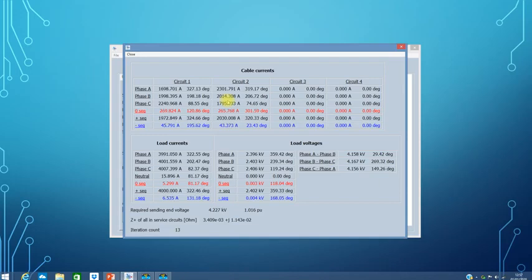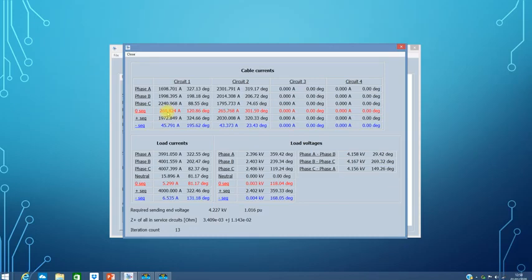If we calculate the symmetrical components of these currents, we can see the positive sequence current in circuit 1 is less than the positive sequence current in circuit 2. We also have a very large zero sequence current flowing between the two parallel circuits.